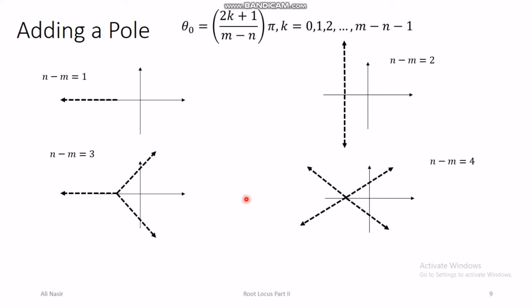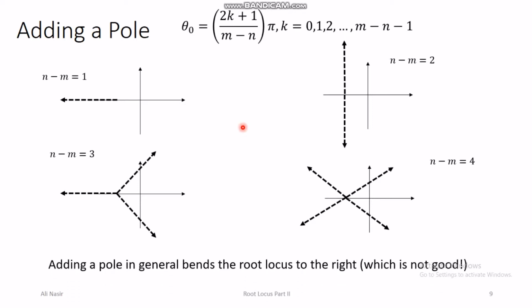So increasing the number of poles overall bends the root locus to the right, and that we already concluded before, but before, when we discussed it, it was not with the help of root locus. Now we have seen the same thing with the help of root locus, that adding a pole in general bends the root locus to the right, which is not a good thing.